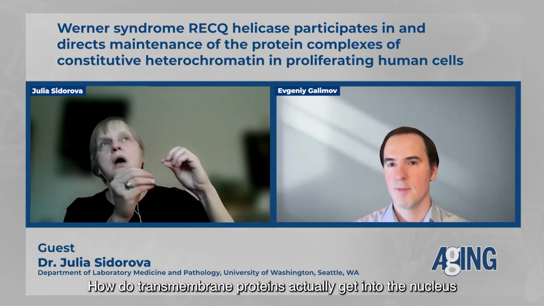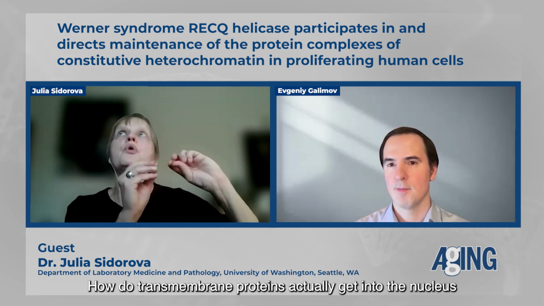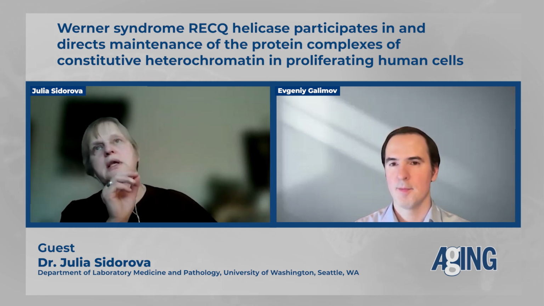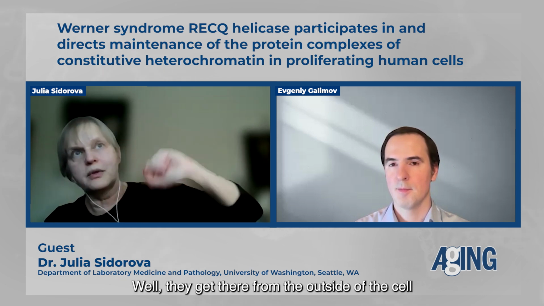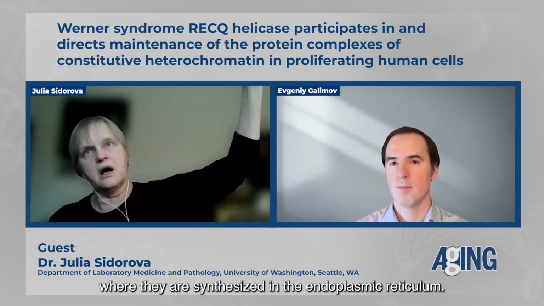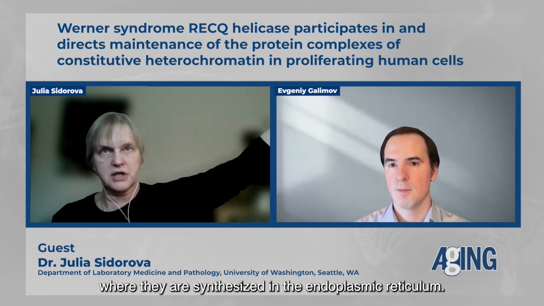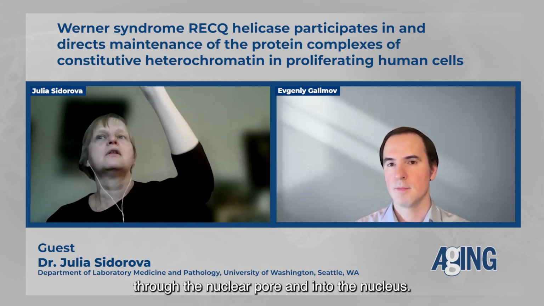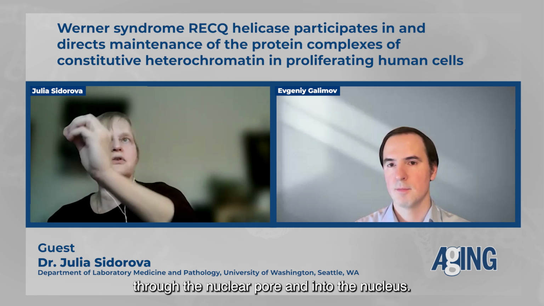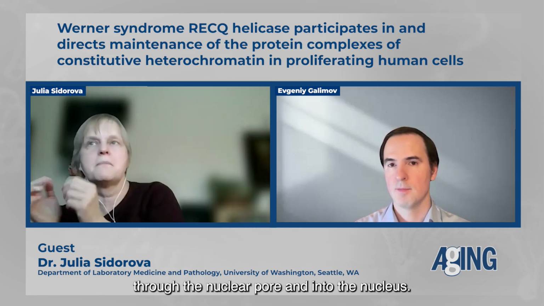How do transmembrane proteins actually get into the nucleus in the first place? Well, they are synthesized in the endoplasmic reticulum. From there, they travel through the nuclear pore and into the nucleus.